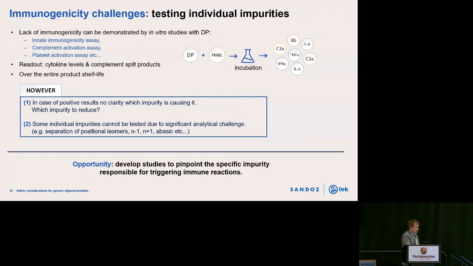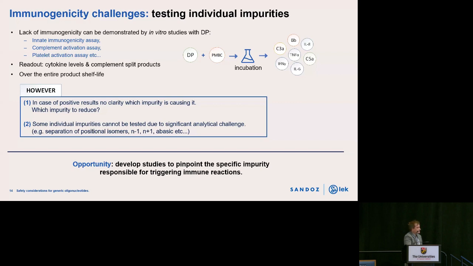However, in a hypothetical case that you would get a positive result, the problem is that you have no way of knowing which impurity to reduce. So if the analytical people come to you and ask which impurity to reduce, you don't really have an answer. And we had a similar discussion yesterday in the small group discussions.